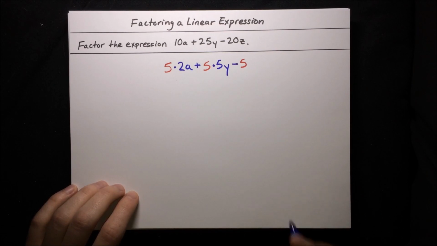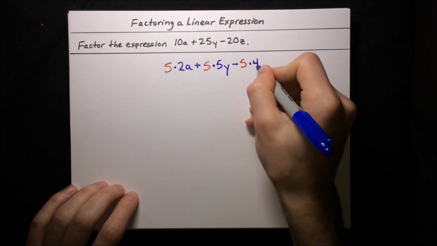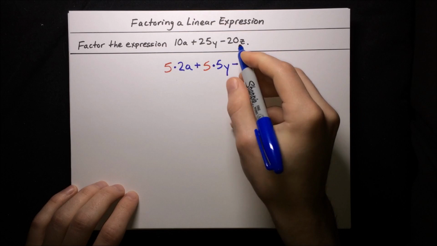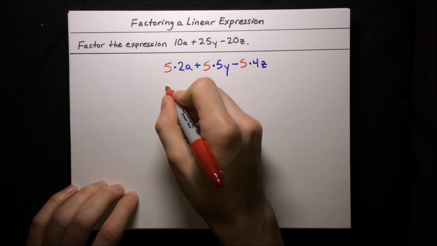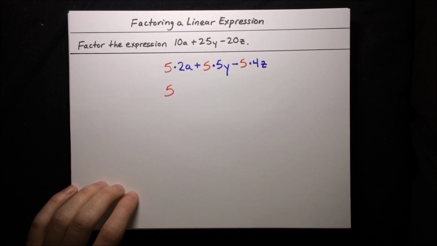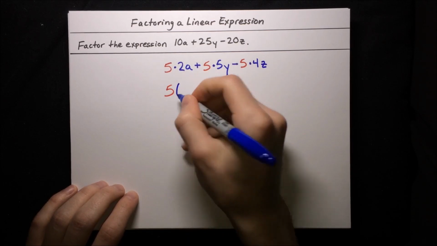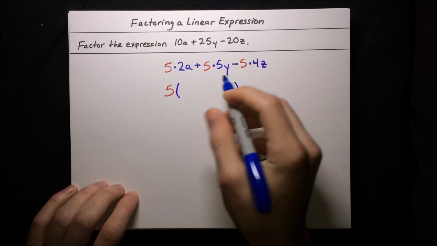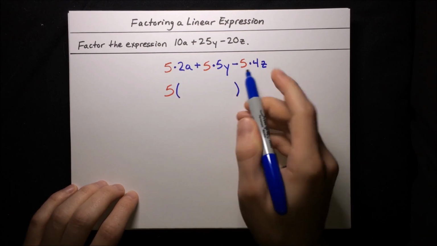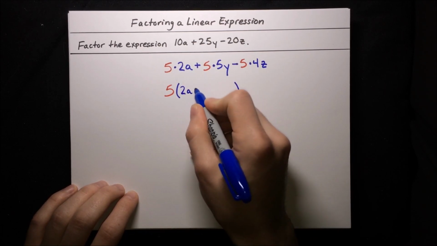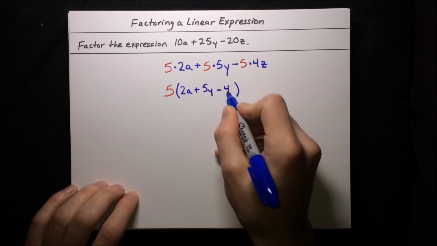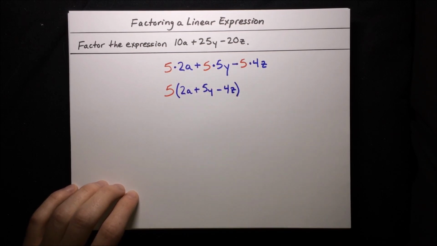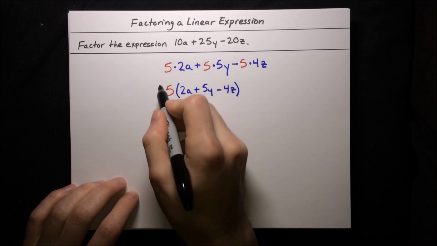Well, 5 times 4 makes 20, and then don't forget the z at the end there. And now we can go ahead and pull out that common divisor, 5, and that'll go outside some parentheses. Inside the parentheses would be the remaining parts of these 3 terms. So 2a, and then plus 5y, and then minus 4z. And there we go. That is our factored form.